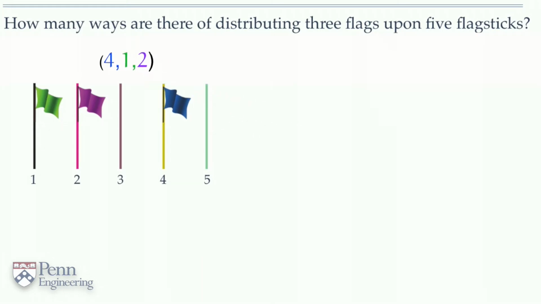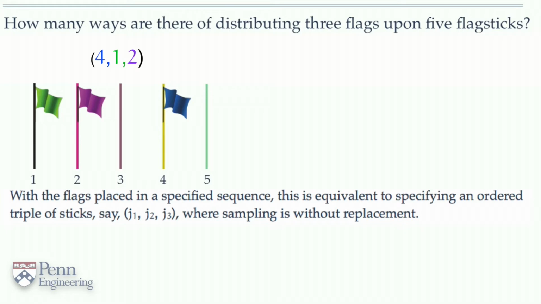How do we abstract this? Of course, the numbers in these 3 locations could be quite arbitrary. And so here we go. If we put in 3 flags onto these 5 poles, the 3 locations could be specified by an ordered triple, J1, J2, J3. Again, J1 represents the location of the blue flag, J2 the location of the green flag, J3 the location of the purple flag.